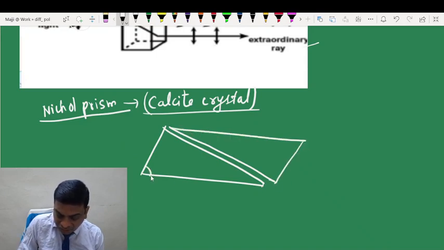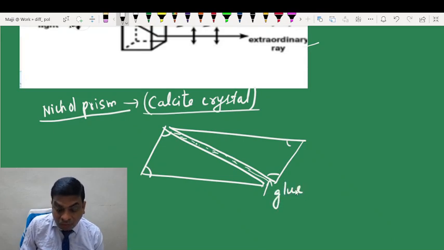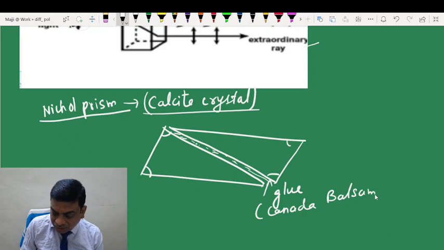These angles you learn in engineering college, students. And the two prisms are cemented by a special kind of glue, whose name is Canada balsam, a special type of glue which is transparent, of course.